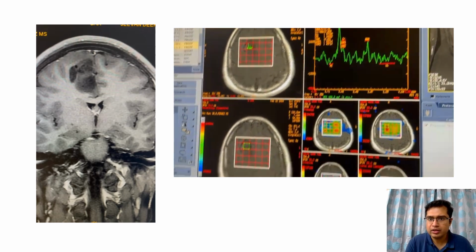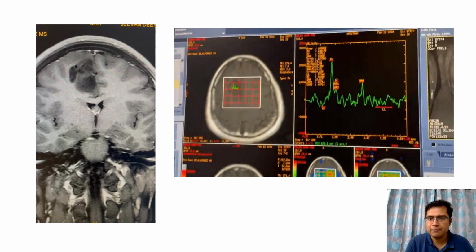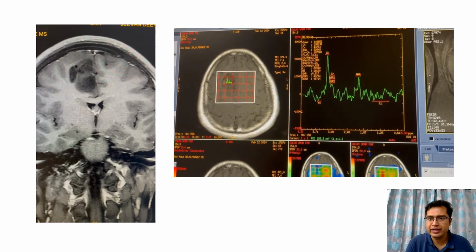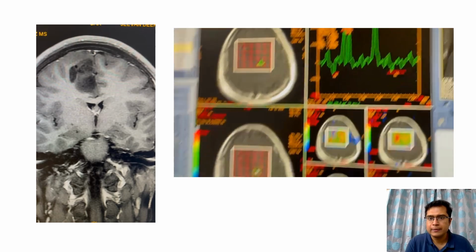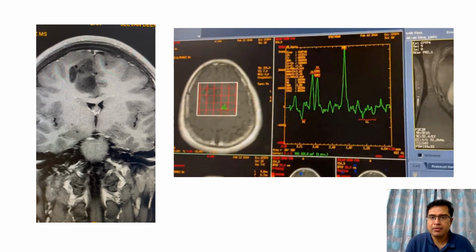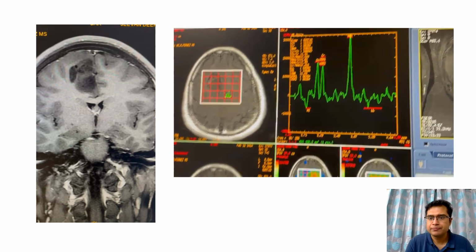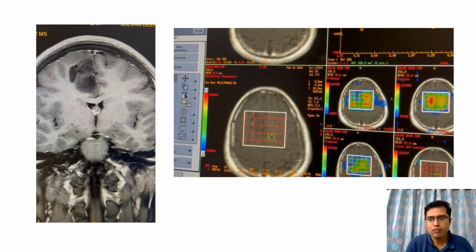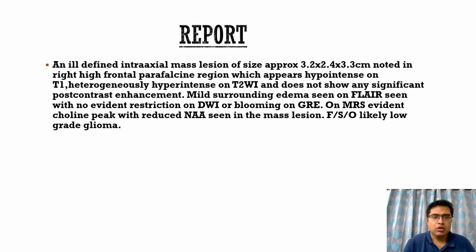This is where we see a choline peak with a reduced NAA. There is no lipid lactate peak as such. In normal brain parenchyma, we can see a normal NAA peak. This is the report that I had given: an ill-defined intra-axial mass lesion seen in the right high frontal parafalcine region, which appeared hypointense on T1, heterogeneously hyperintense on T2, and did not show any significant post-contrast enhancement.